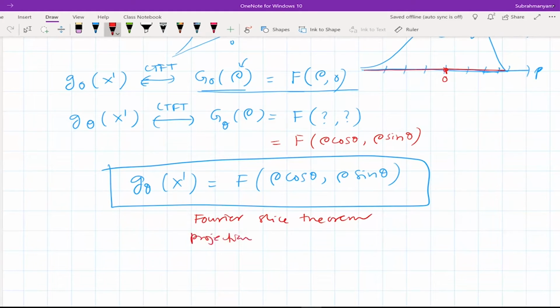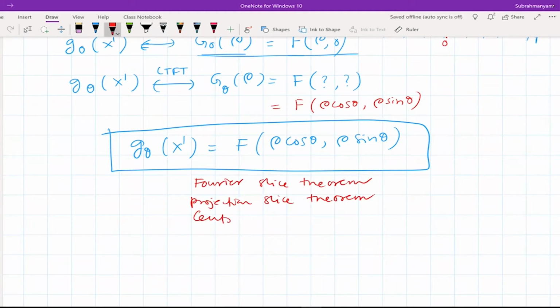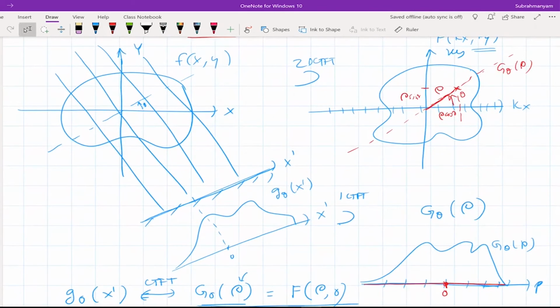Projection slice theorem, and another, central cross section theorem. Clear? Okay. The way we derived the proof is more of an intuitive nature rather than a rigorous proof.